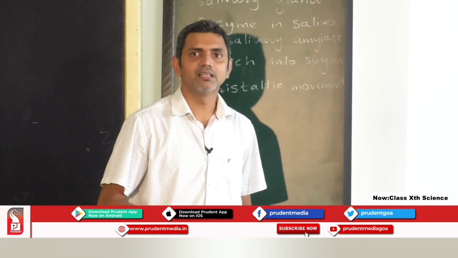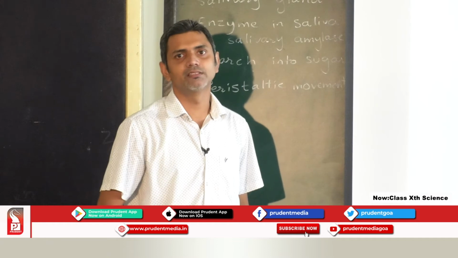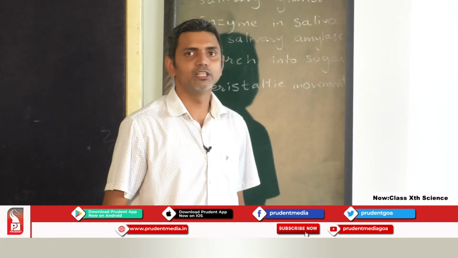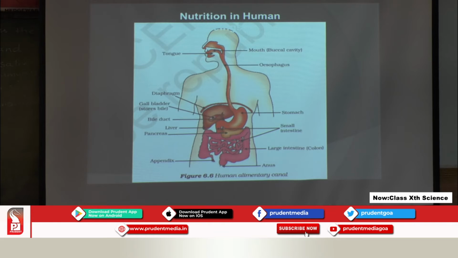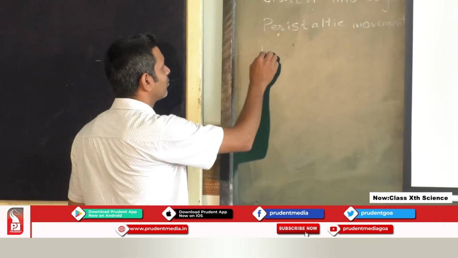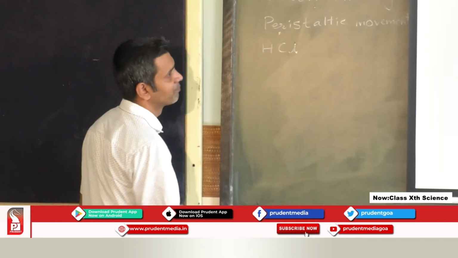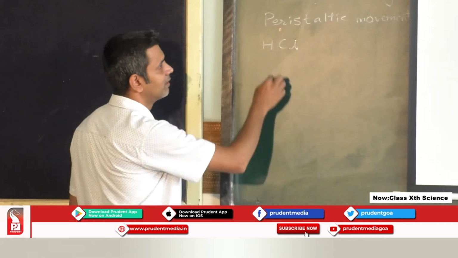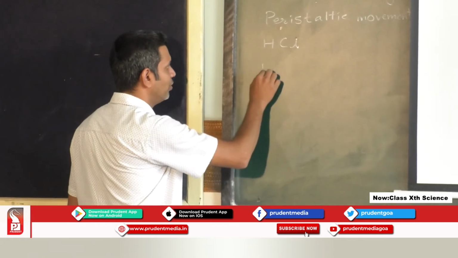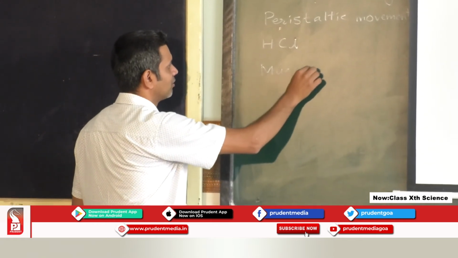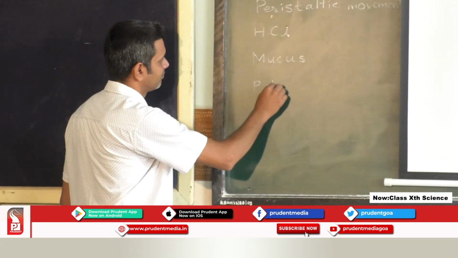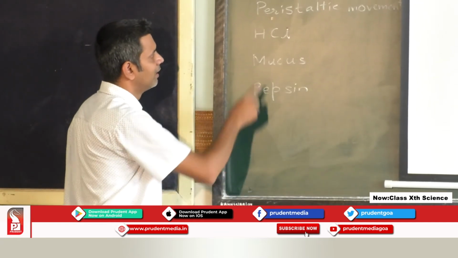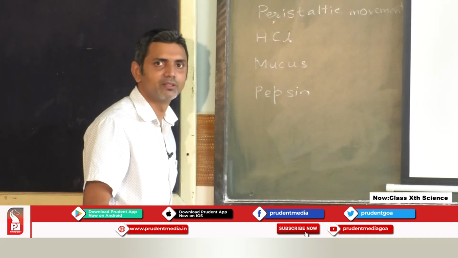So, these gastric glands secrete juices such as hydrochloric acid, HCl, then mucus and pepsin. Each has its own function.